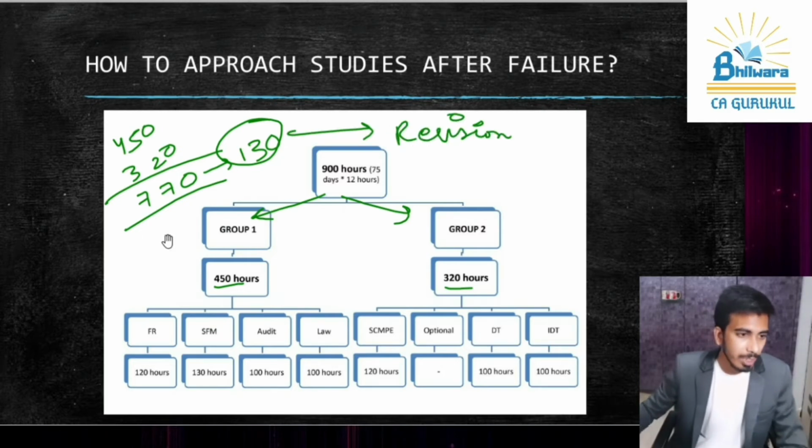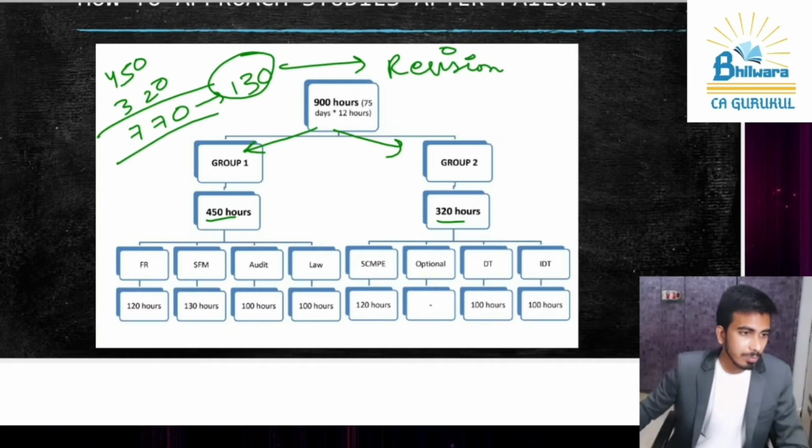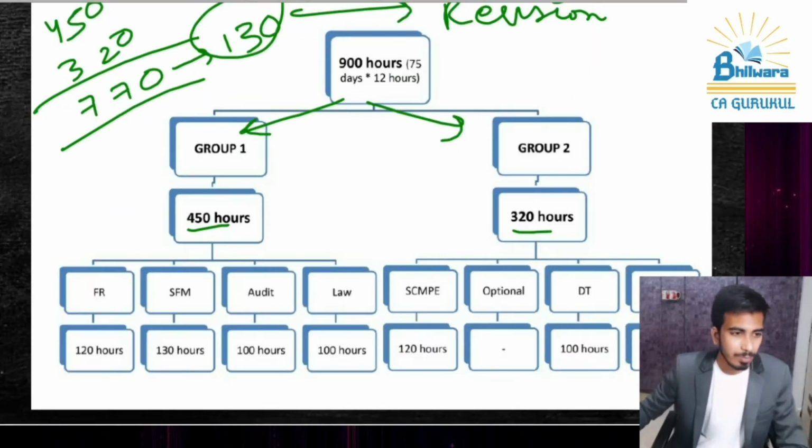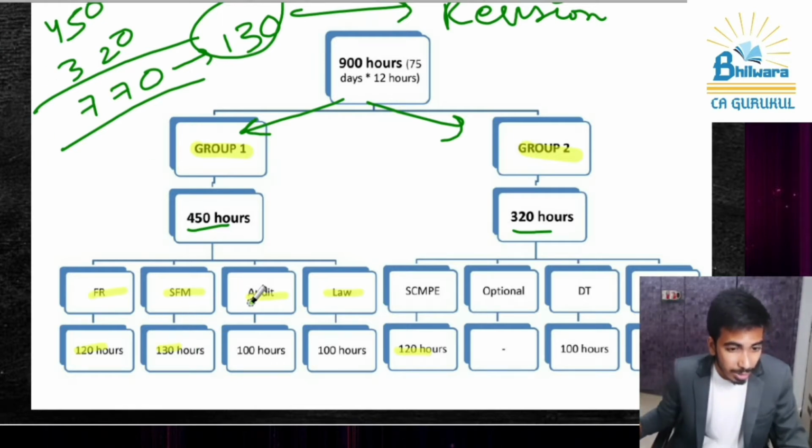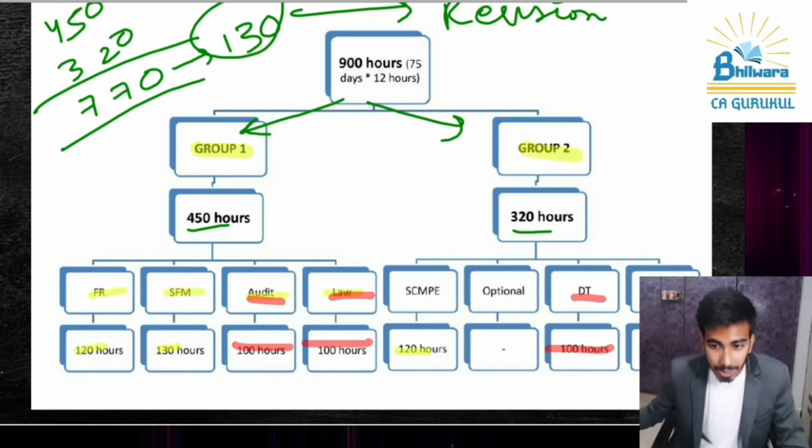Okay, so roughly, if you see, you have group 1 and group 2. So group 1 is FR, SFM, audit, law. So roughly 120 hours each for 3 subjects, and then 4 subjects, that is audit 100 hours, law 100 hours, DT 100 hours, and IDT 100 hours.